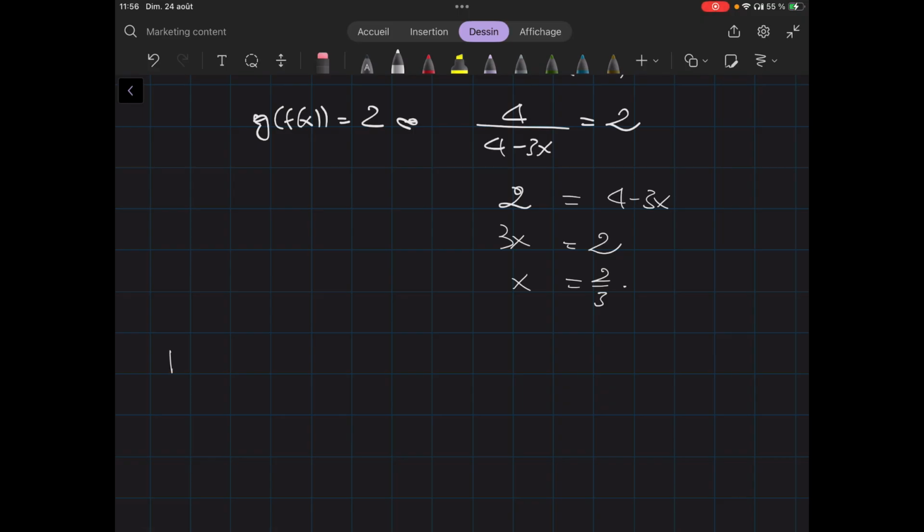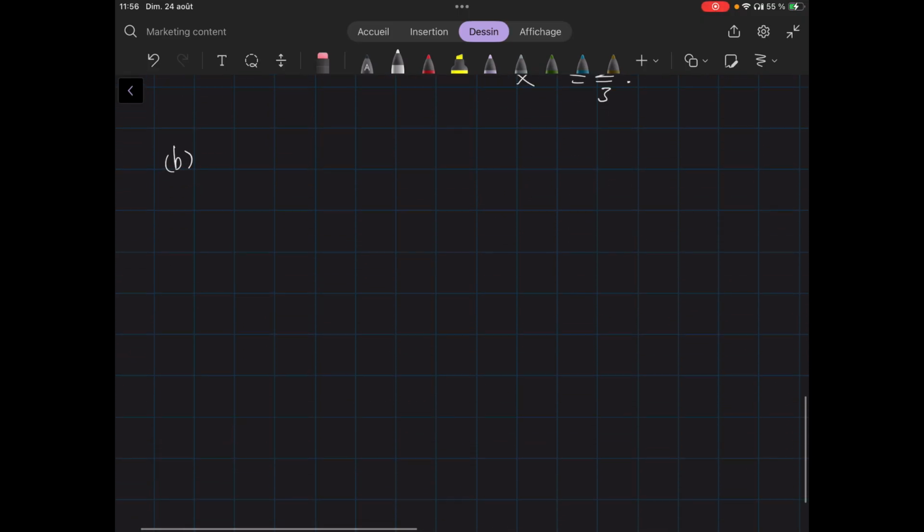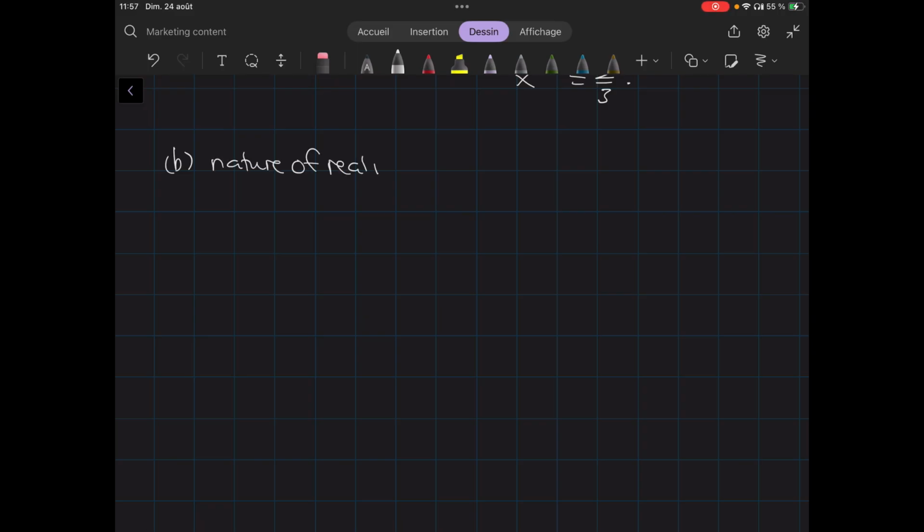Part B. You're asked to determine the nature of real roots. So whenever you hear the phrase nature of real roots, it is a big fat Q for the discriminant, or delta. F of x is equal to g of x.